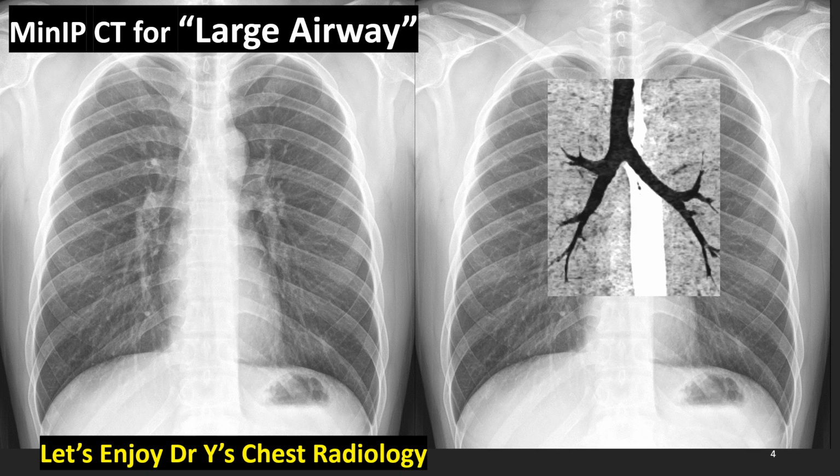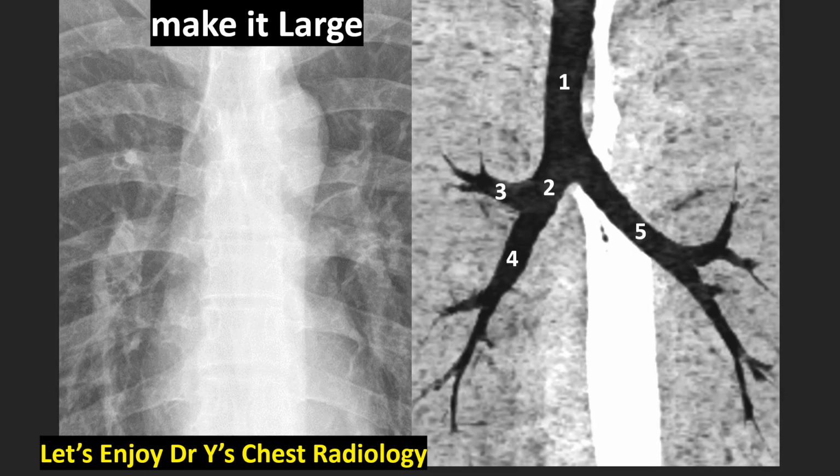Slowly pay attention to the large airway on your left side normal chest X-ray. Magnify the view. Now we see more clearly on the left film the normal large airway of black color on the right side.